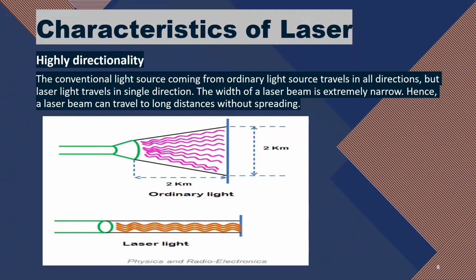On the other hand, a laser beam travels only in one direction. The property of a laser that it travels in one direction without spreading is known as directionality. The negligible divergence of laser is useful for range finders and remote sensing, etc. In today's world, laser is a very useful thing in our day-to-day life.